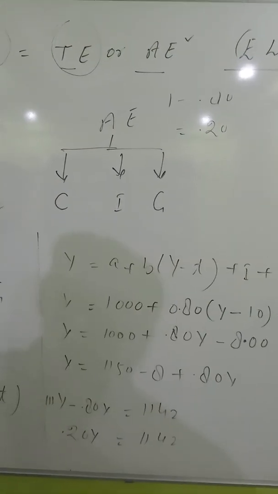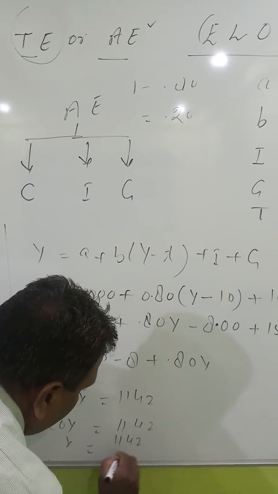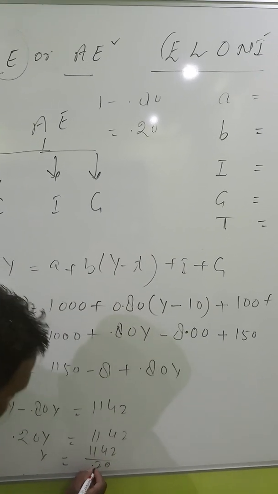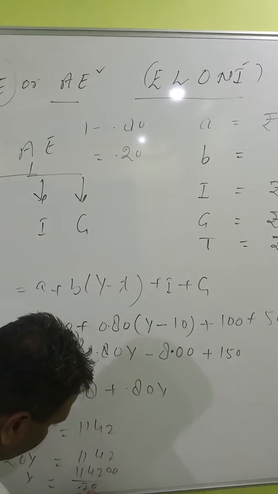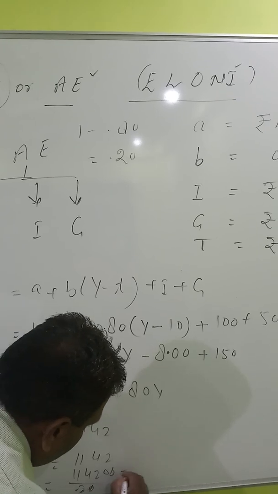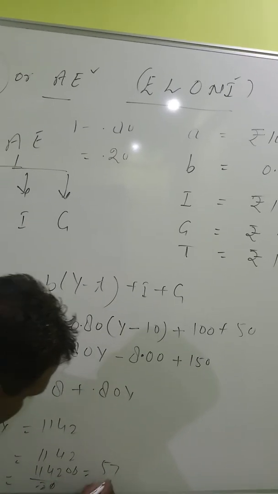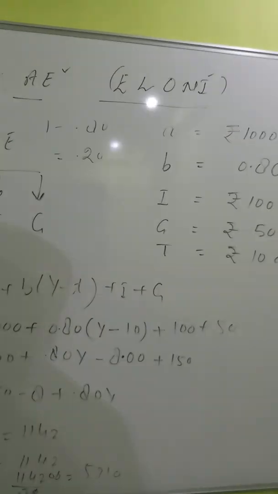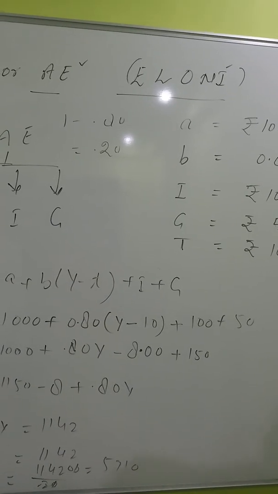1142. Now Y will be equal to 1142 divided by 0.20. Then calculate. You can easily calculate.